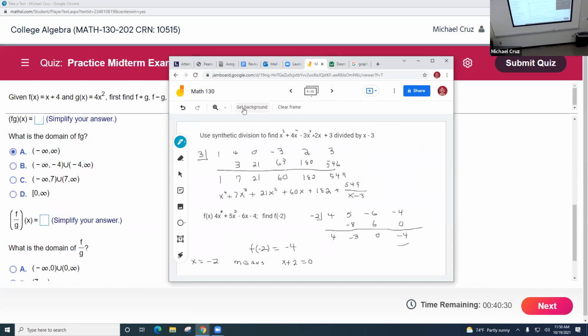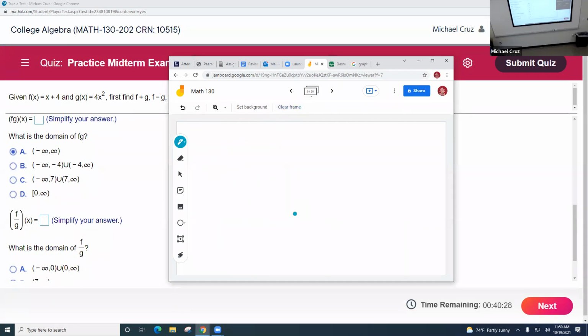All right. So f over g of x is equal to x plus 4 over 4x squared.